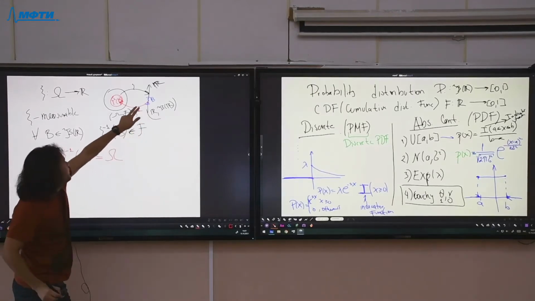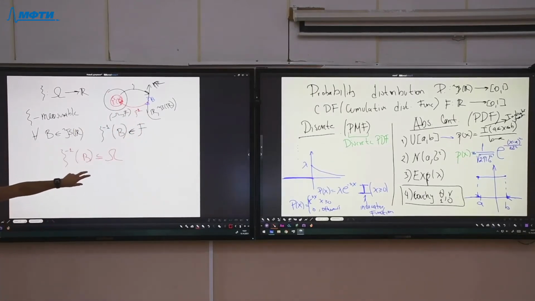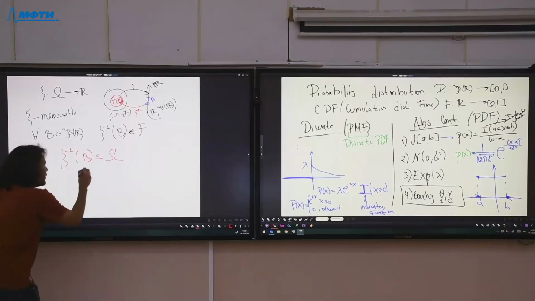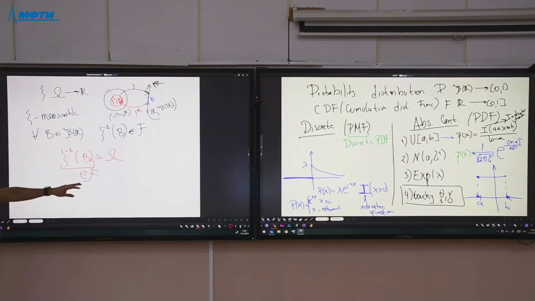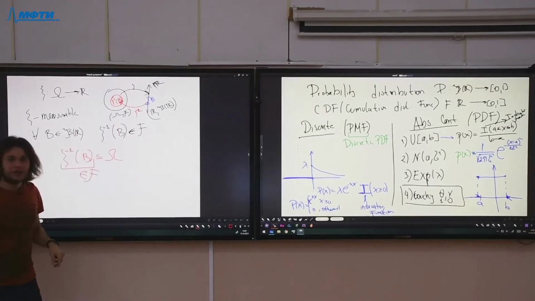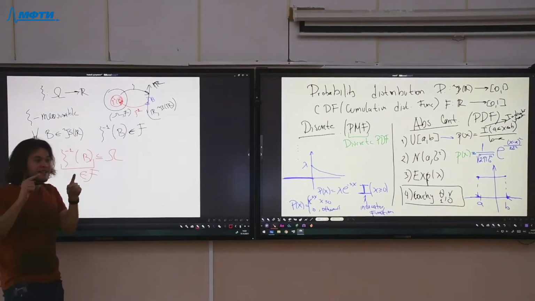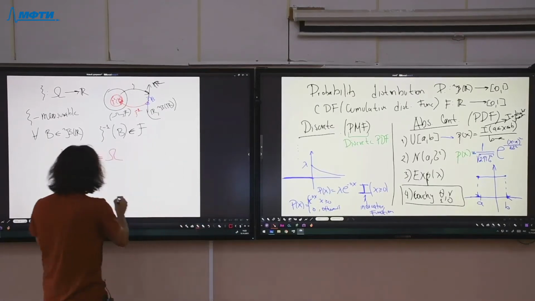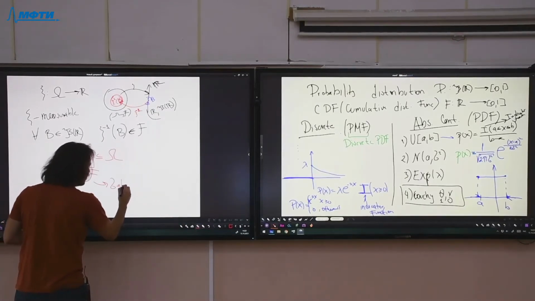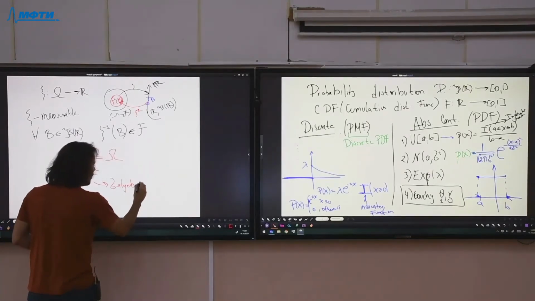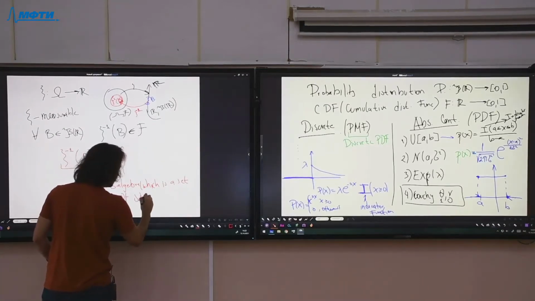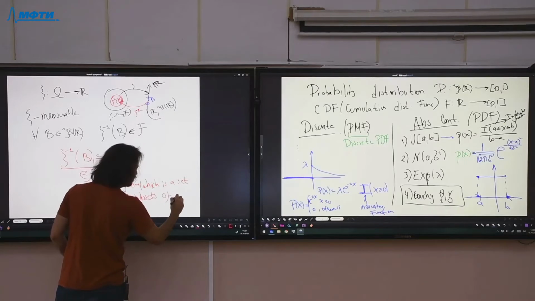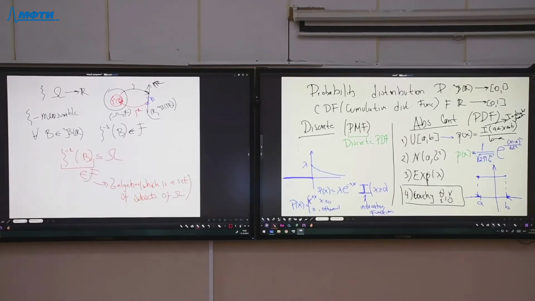And we need this subset to be an element of F, where F is the sigma algebra on omega. And we know that F is just a set of subsets of omega, right? So let me remind you that this is a sigma algebra, which is a set of subsets of omega, right?